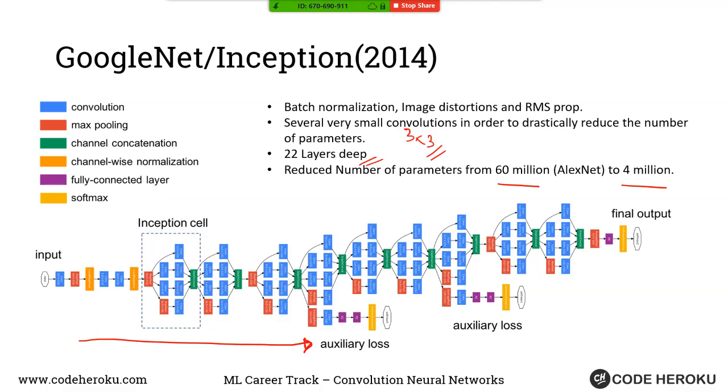So the trend today is that you go for deeper networks with smaller filters.